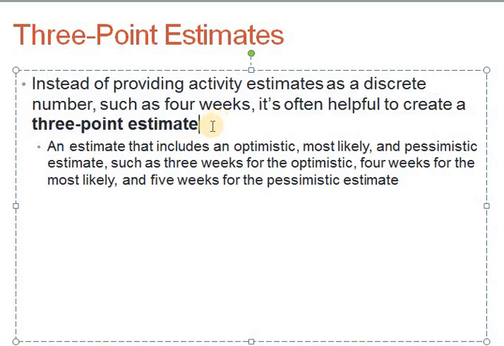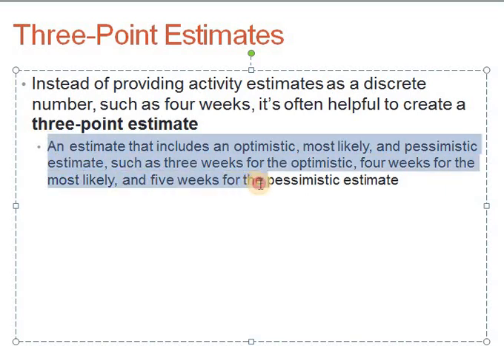So when we are going to perform the activity estimation, to provide the estimation as a discrete number like 4 weeks, it is very useful to create the estimations using the 3-point estimates.